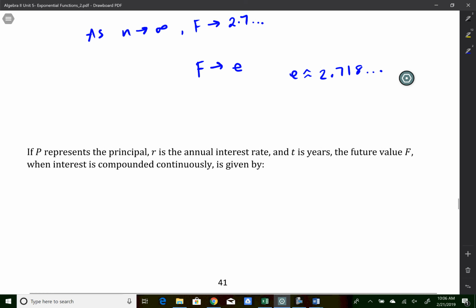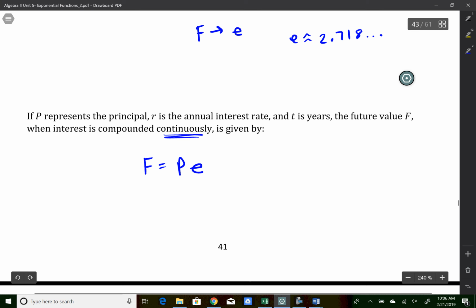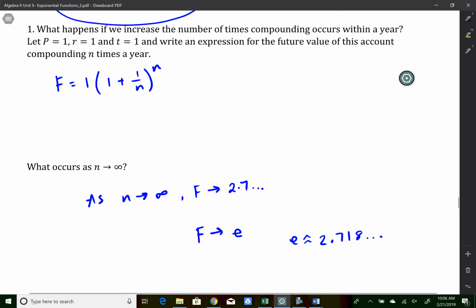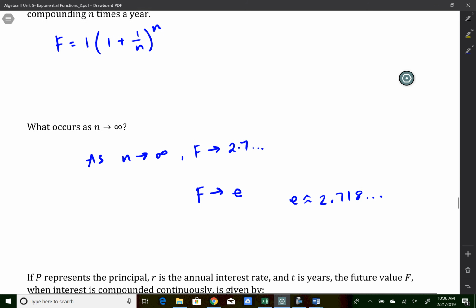So that means we have a new formula, our third and last formula we really have to memorize for this unit. The future value of an account that's compounded continuously is equal to the principal value times e to the rt. All I'm doing to create this equation is changing this function that we already learned about, and changing what's inside to just represent e, because that's what we proved by graphing it.